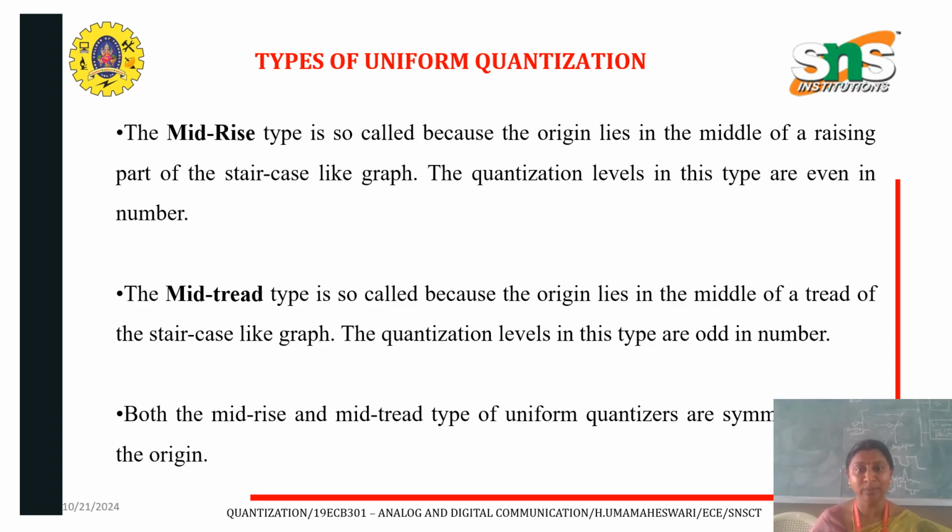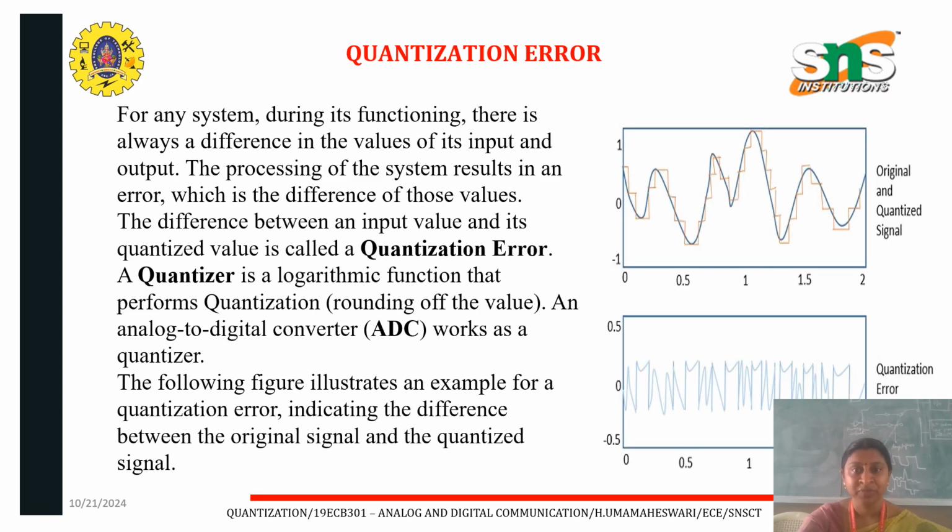The mid-tread type is so called where the origin lies in the middle of a tread of the staircase-like graph. Here the quantization levels are odd in number. So if it is an odd number, we call it a mid-tread type. If it is an even number, we call it a mid-rise type. Both the mid-tread and the mid-rise types of uniform quantizer are symmetrical about the origin.